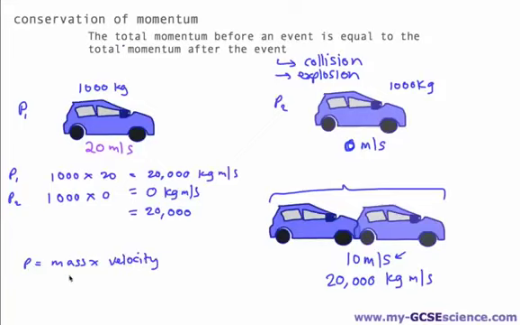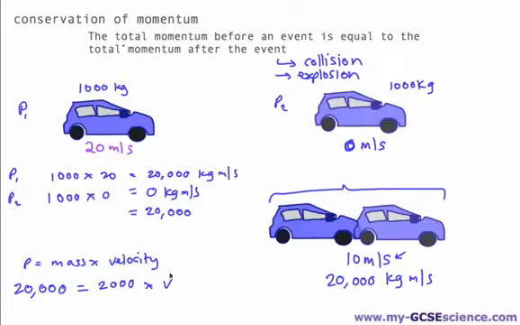and we know the momentum is 20,000, so it's 20,000 equals, right, what's the combined mass of these two? Well, we haven't written it here, but we do know from the first part of the question that both have a mass of 1000 kg, so together it's 2000 times velocity.